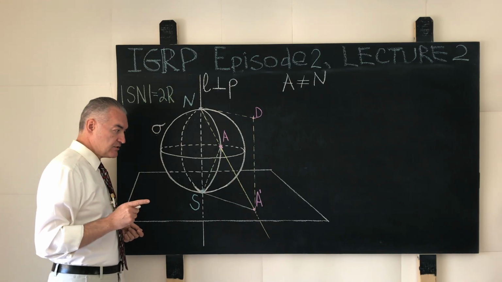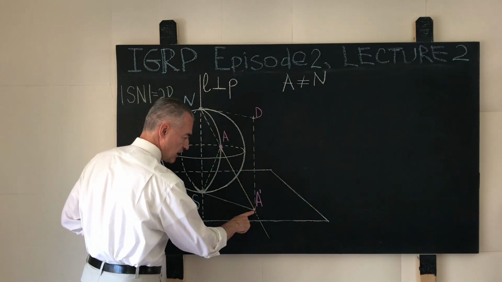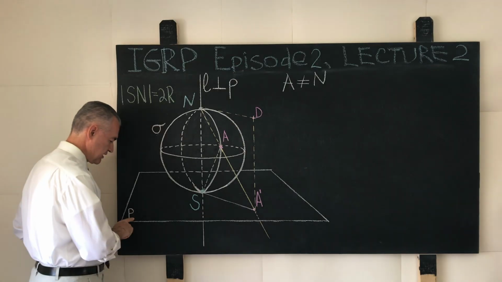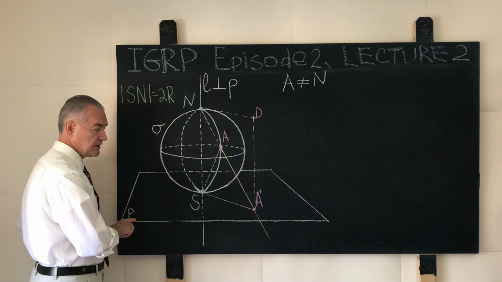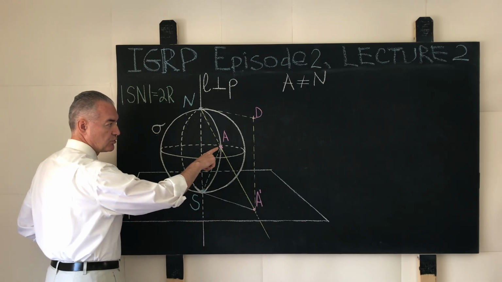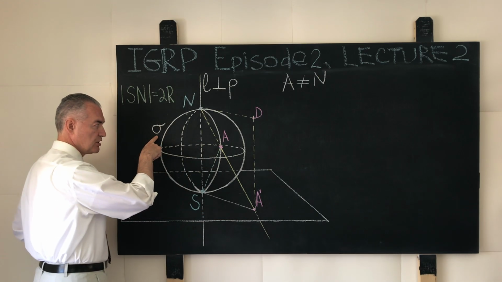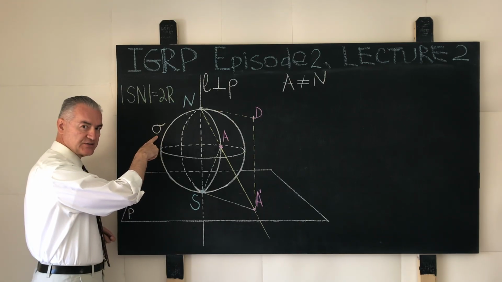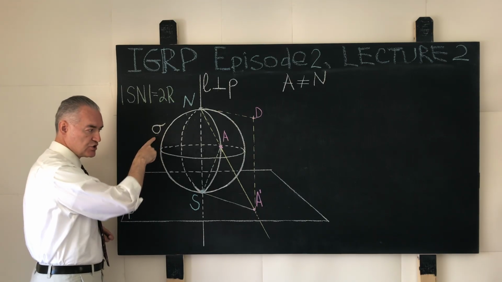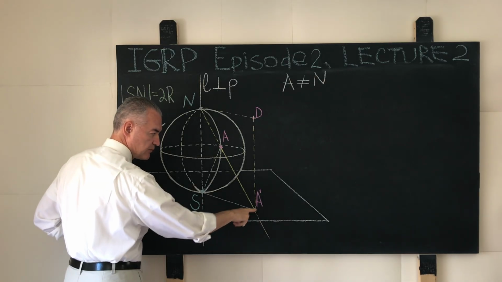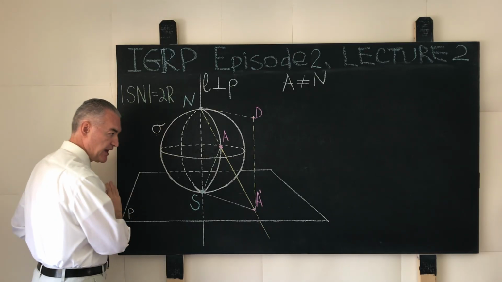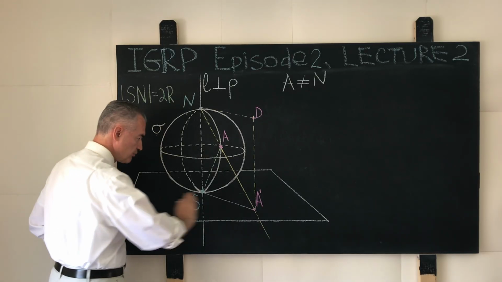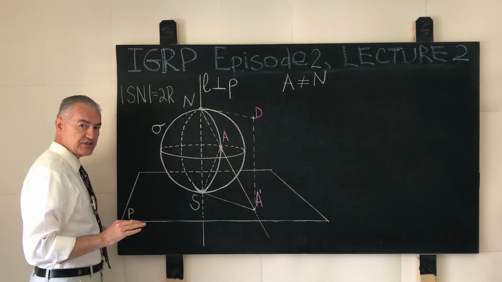And remember this: when we manipulate our representative point A prime in the plane P in such a way that we produce its image, which is the point A that belongs to the Riemann sphere sigma, we want the journey of the point A prime in the plane P to be continuous. In other words, we want to paint or touch or visit all the points of the plane P without exception.